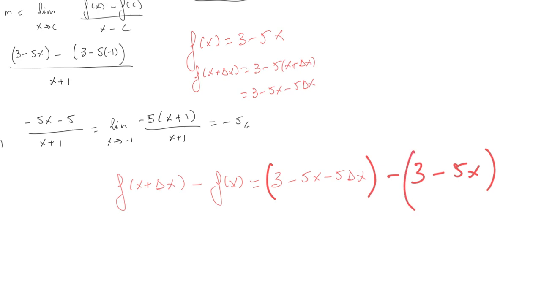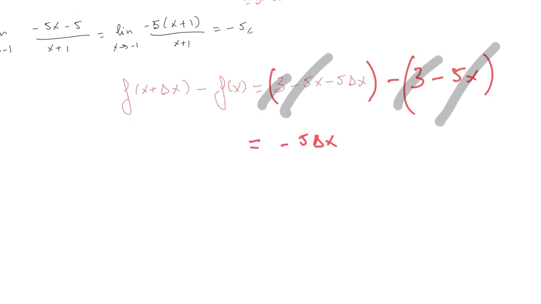Now, what happened is this 3 cancels with this 3. This minus 5x cancels with plus 5x. You see, minus minus is plus. So f of x plus delta x minus f of x is equal to minus 5 times delta x.